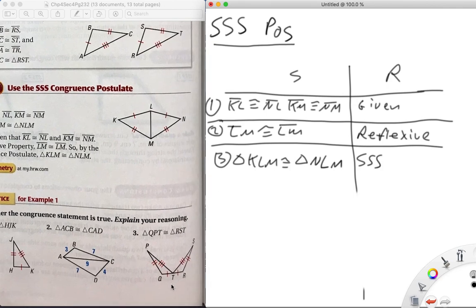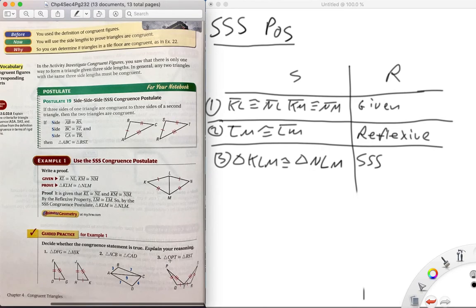Here, TR is congruent to TQ. PT is congruent to ST, and then SR is congruent to PQ. So this is congruent under side, side, side. So number one, yes. Number two, no. Number three, yes.